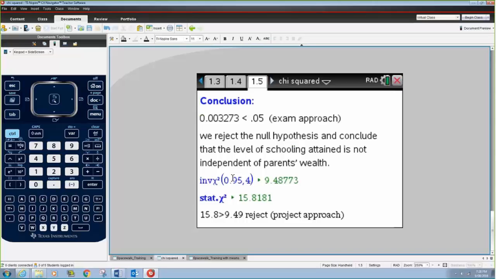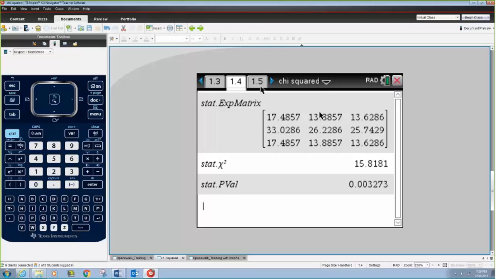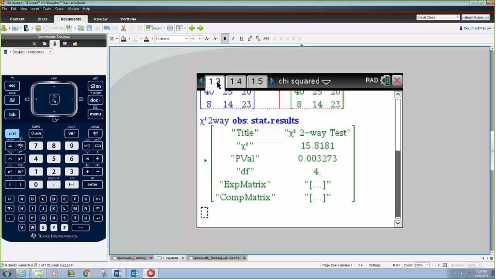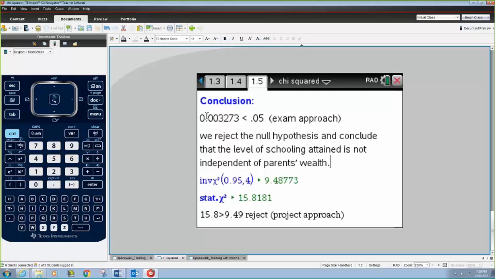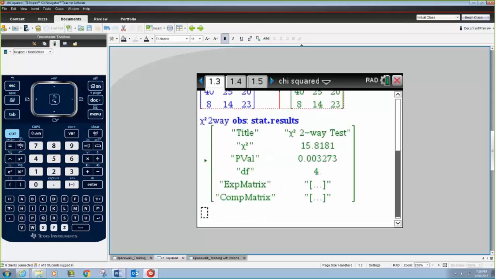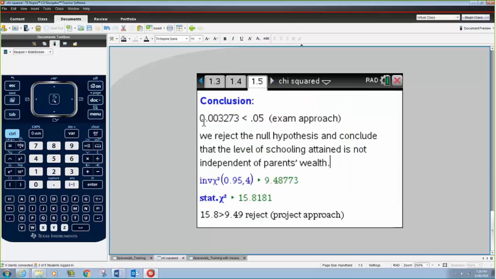So they can find the inverse chi-squared value using the significance level and degrees of freedom, and then they compare the statistic obtained on the calculator here to the critical value, or they can compare the probability which the calculator gives to 5%.